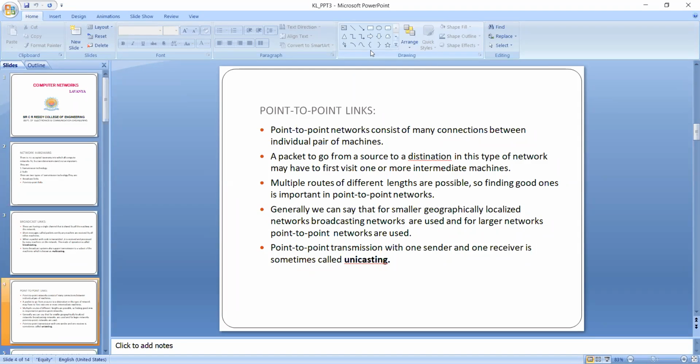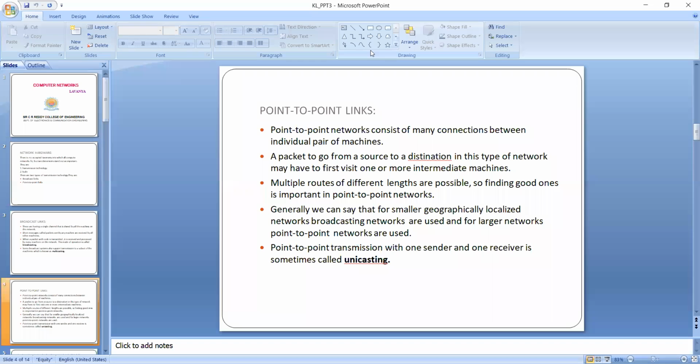Unicasting means even though there are so many connections and so many intermediate machines, sometimes it is possible that there is only one sender and one receiver in a point-to-point network. That is known as unicasting.